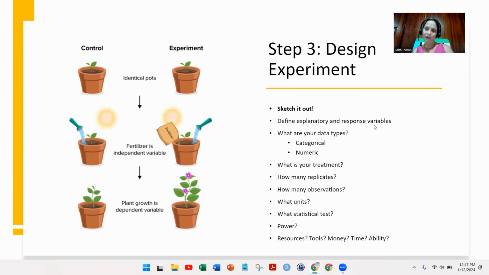The dependent variable or the response variable is the variable that you will measure, that you think is going to be affected by the independent variable. That's the response is affected by the explanatory variable. In this case, plant growth, we think, will be affected by fertilizer, right? Fertilizer, independent or explanatory variable, plant growth, dependent or response variable, right?